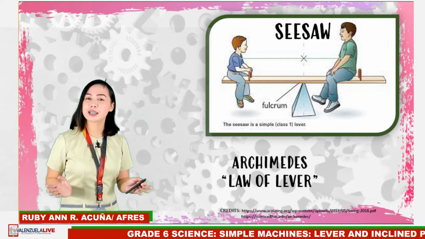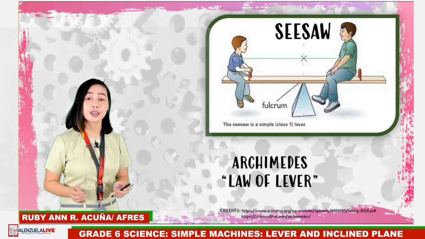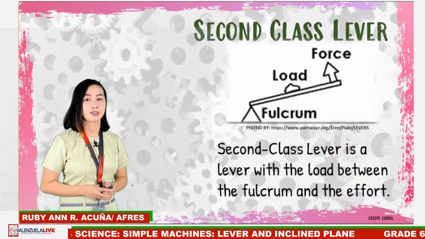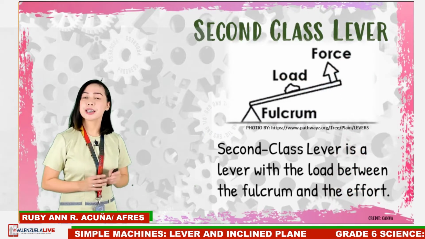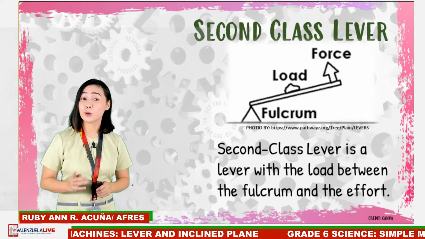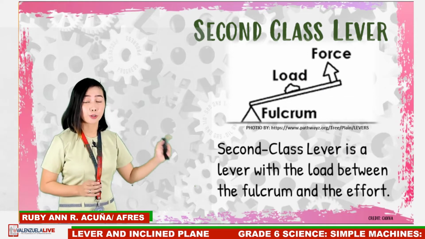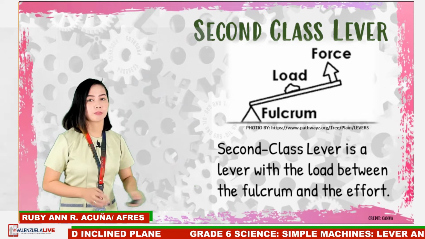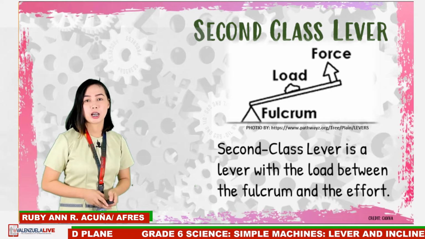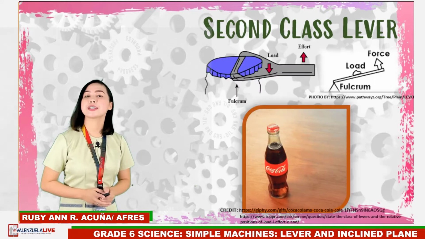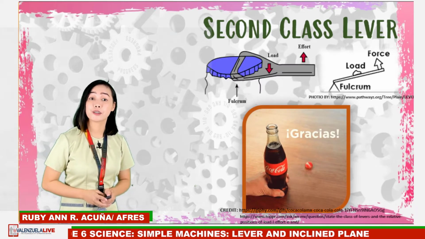So the next class of lever is the second class lever. Second class lever is a lever with the load between the fulcrum and the effort. The bottle opener is an example of this lever.